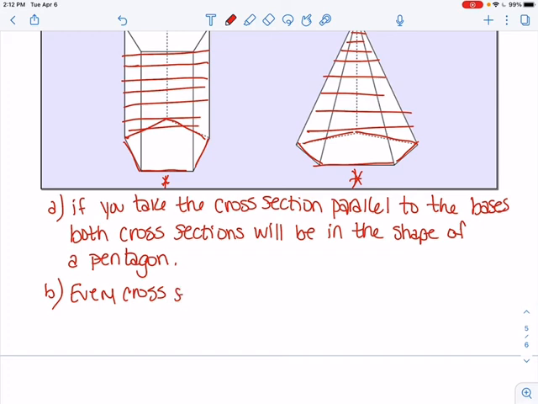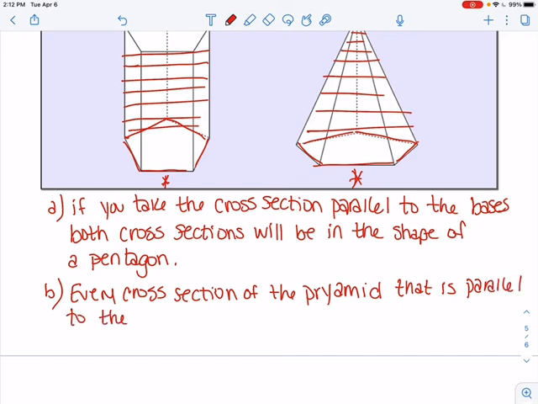Every cross section of the pyramid that is parallel to the base will get smaller as you move up the pyramid.